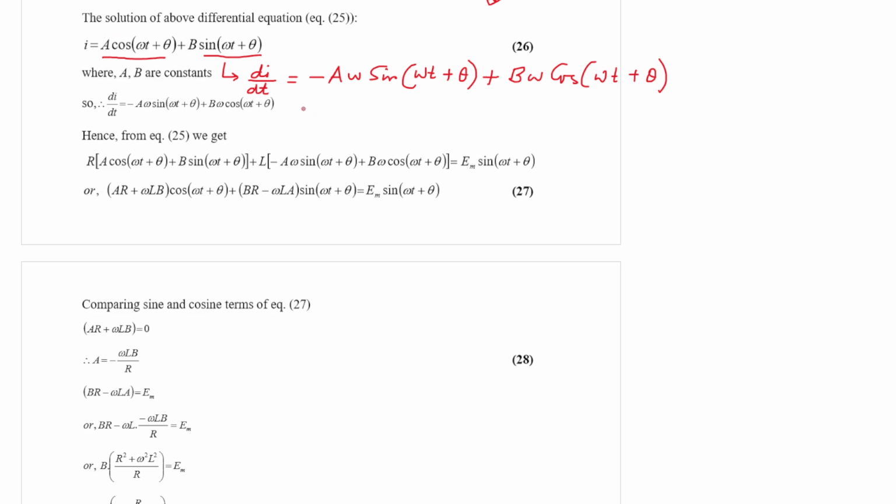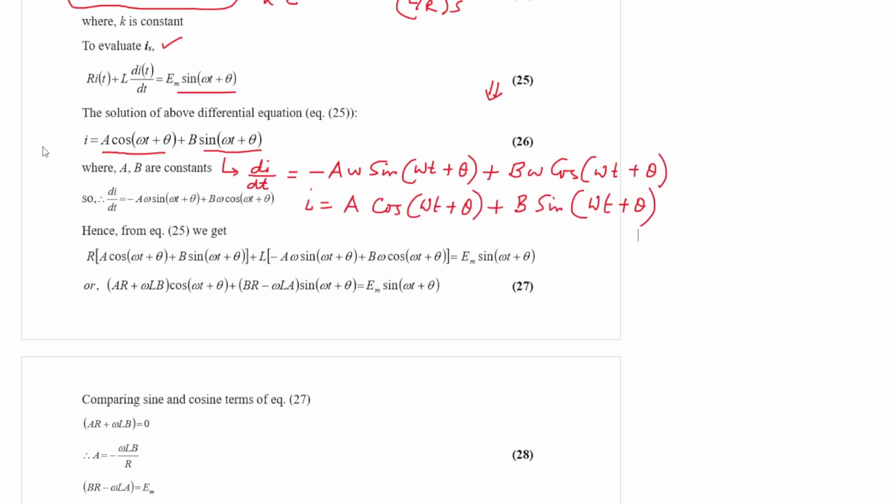So dI/dt is this equation and I is this equation, A cos(omega t plus theta) plus B sin(omega t plus theta). So from equation 5, sorry, this is not equation 5, it is equation 25.